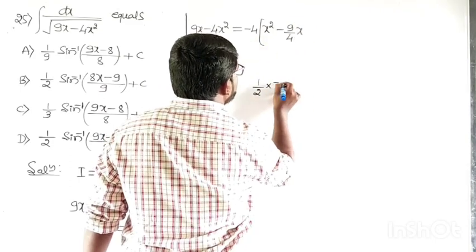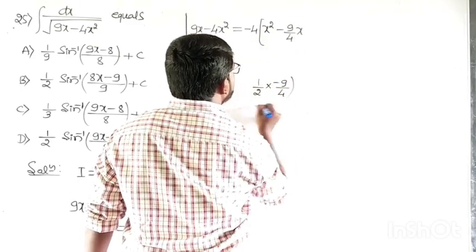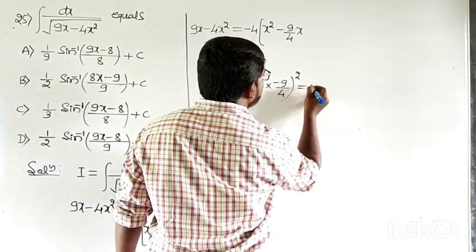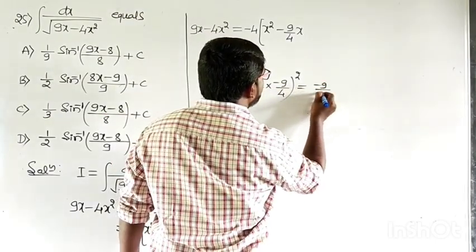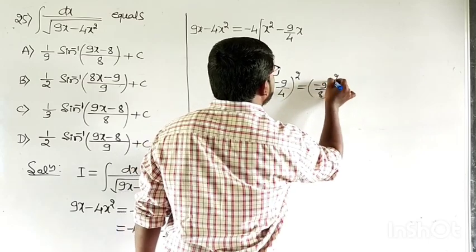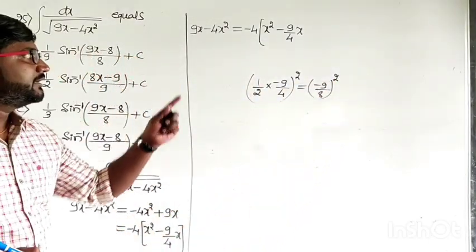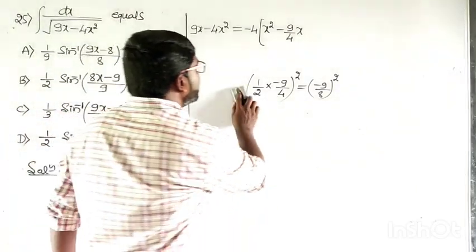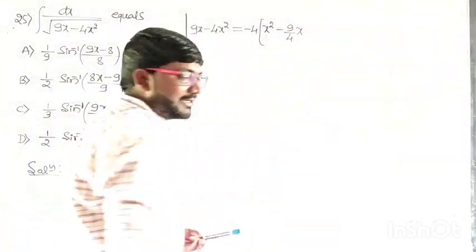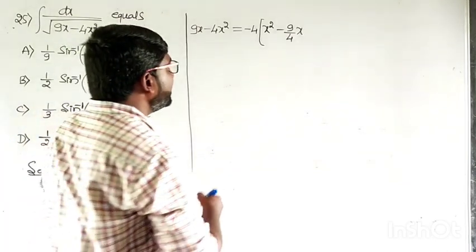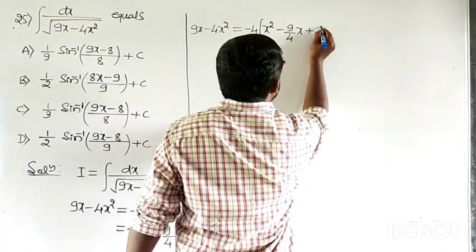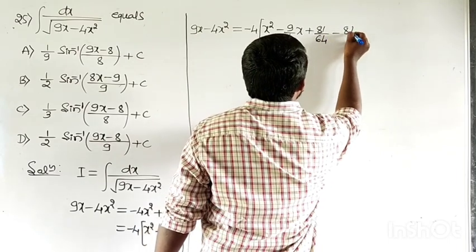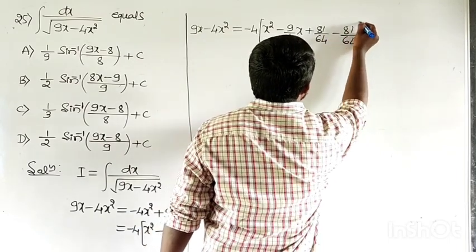Minus 9 by 4. So 1 into minus 9 is minus 9, divided by 2 into 4, it is 8. Minus 9 by 8 the whole square is nothing but 81 divided by 64. That we have to add and subtract. So let us add and subtract 81 by 64 now: plus 81 divided by 64, then minus 81 divided by 64.